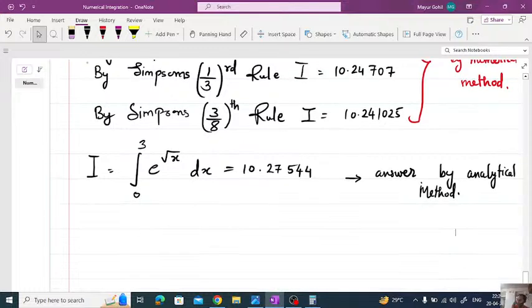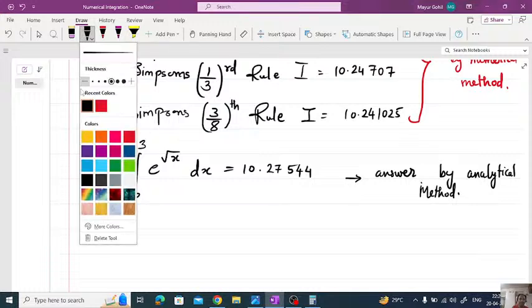Now I would like to tell what the error is. There is something called error in this topic, but this is not asked nowadays. They have stopped asking to find the error in the answer. So I'll tell you about this error.